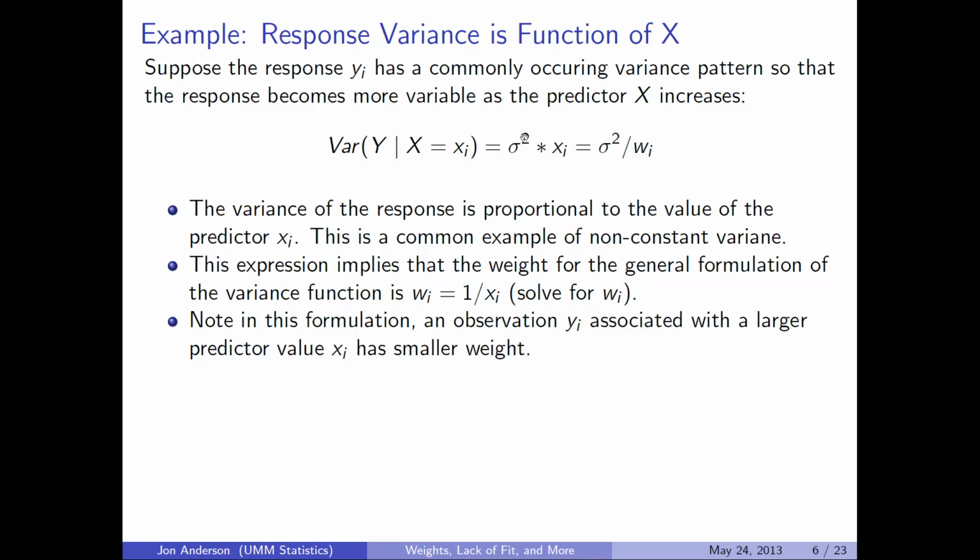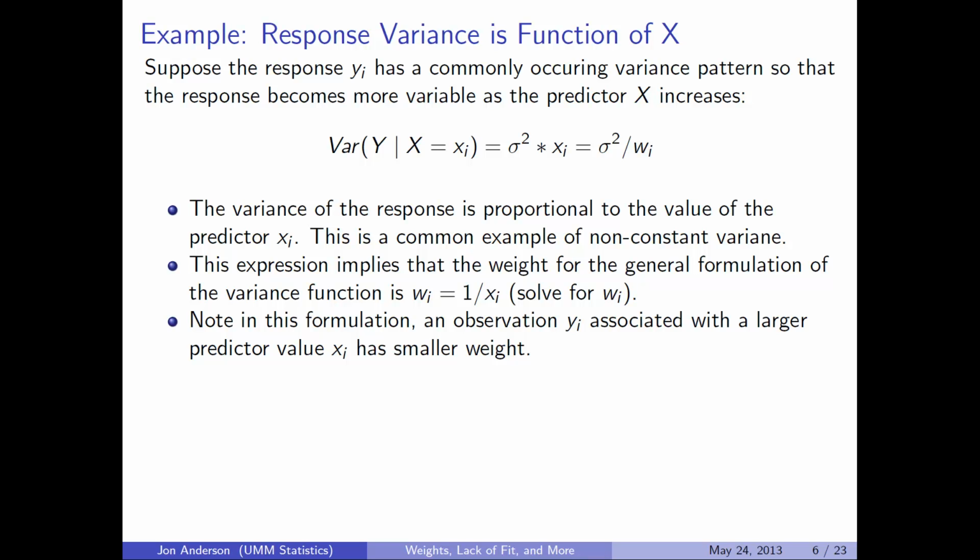If that's the actual variance function, let's set it equal to our construction variance function of sigma squared over wi, and solve for wi. We observe that the correct weight to capture the variation is 1 over the value of the predictor, 1 over xi.